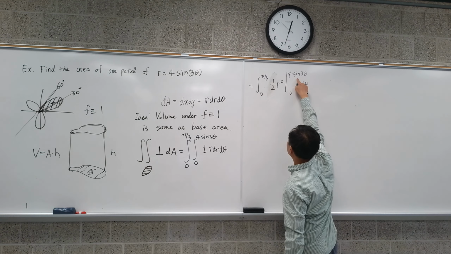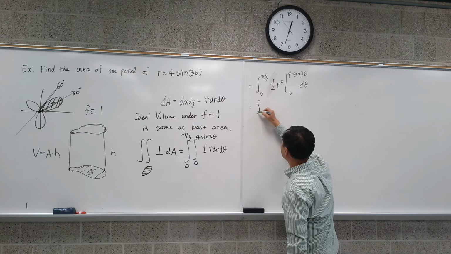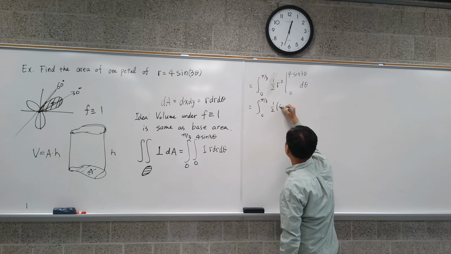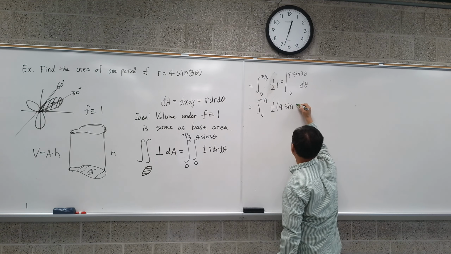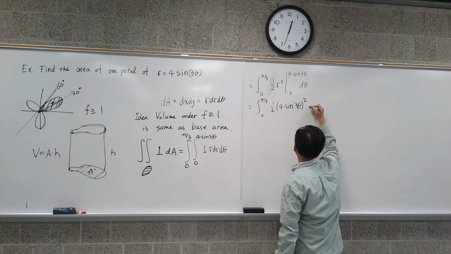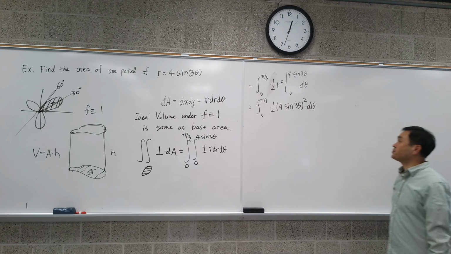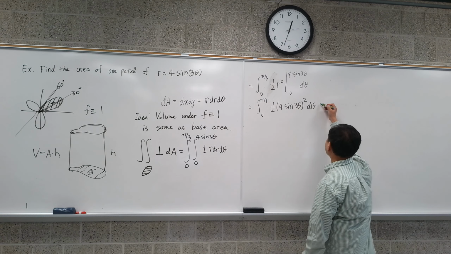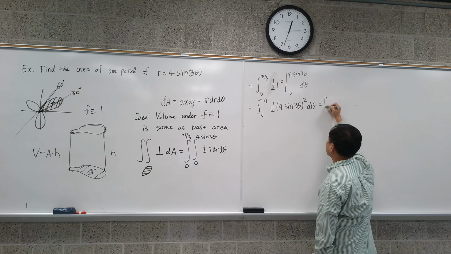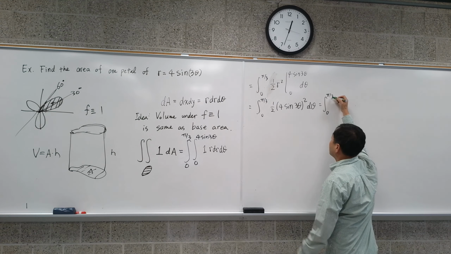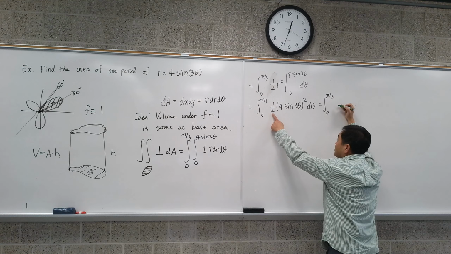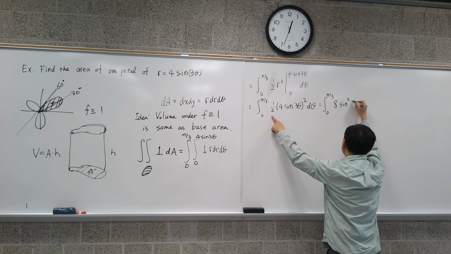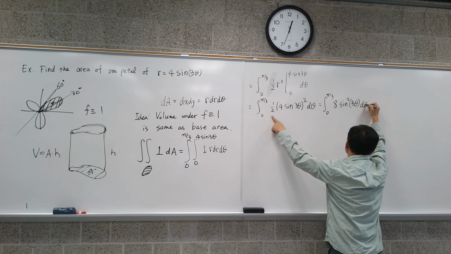Now that these values are going into r, you end up with the integral from 0 to pi over 3 of 1/2 times 4 sine 3 theta squared d theta. If you simplify this, 4 squared is 16, and 16 divided by 2 is 8, so you get 8 sine squared of 3 theta d theta.